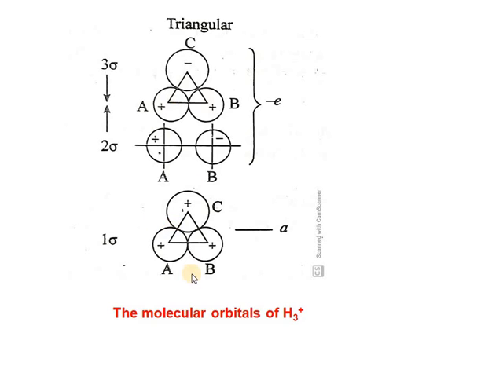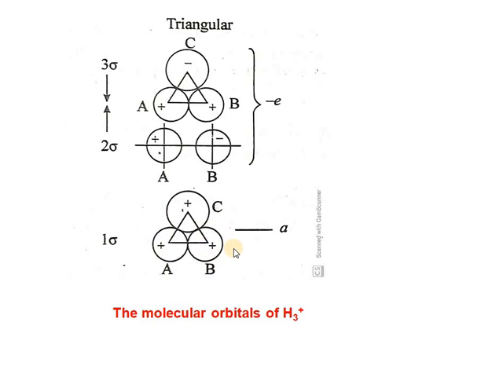But in these diagrams, we clearly show that these three hydrogens can bend like the H3 molecule. We have considered this as H1, this is HA, this is HB, and this is HC.